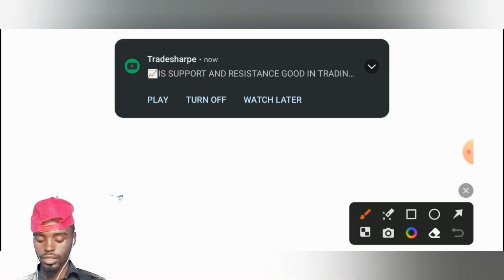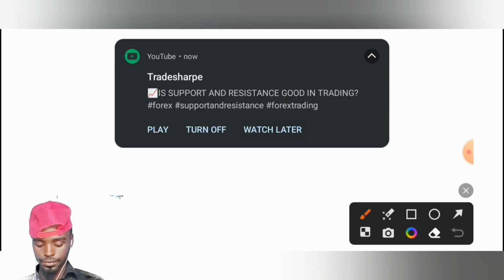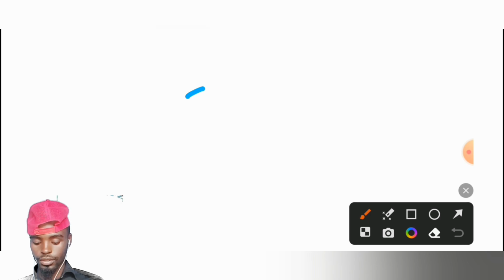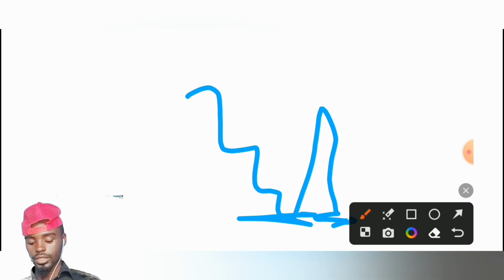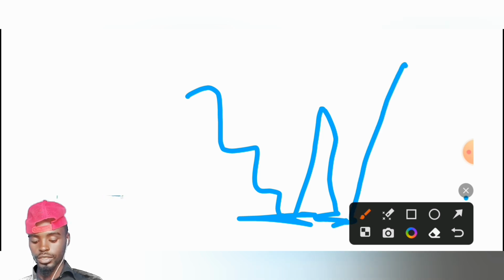The demand zone is the opposite of what we are saying, guys. In a demand zone, the market is in a downtrend. It reaches this point, it goes back. It is a downtrend, it reaches that point, it goes back again.